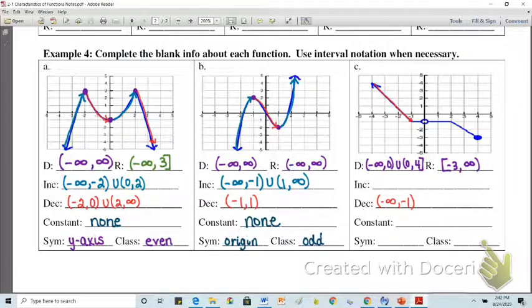And now it stays constant. So it is constant from -1 to 2. And then if I go back to the graph, it decreases again from left to right. And that happens from 2 to 4.